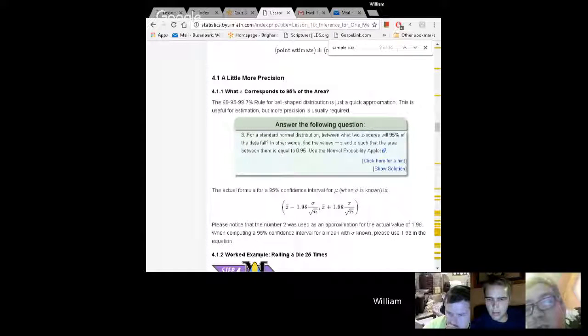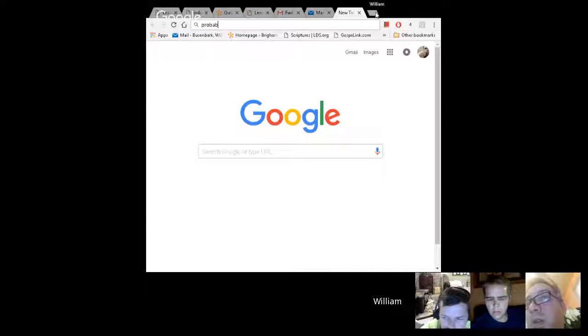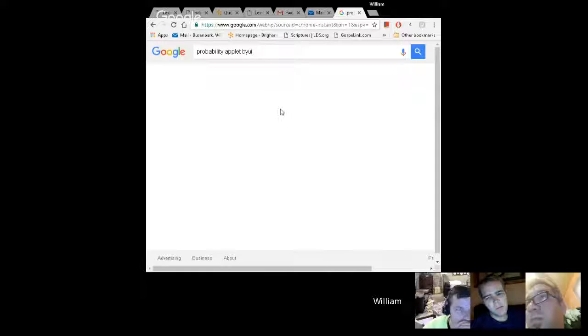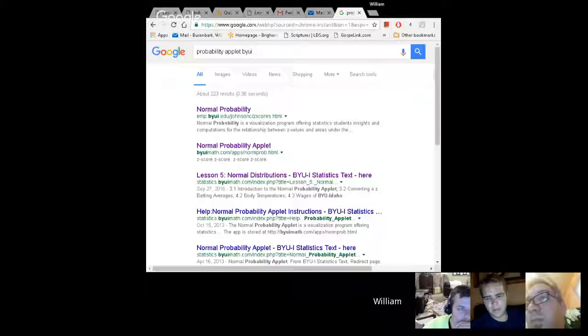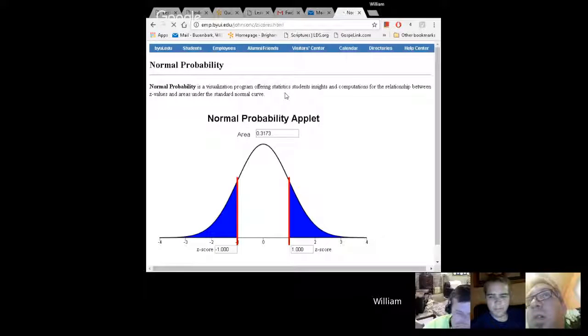What z corresponds to 95% of the area? If we look at the probability applet, and put 0.95 into the probability applet, that 1.96 comes from, like Brad said earlier, the 0.95 probability.